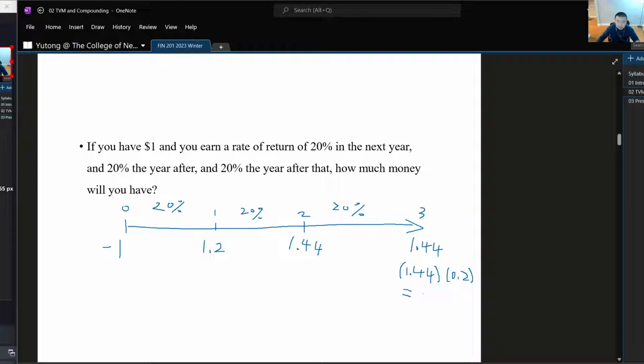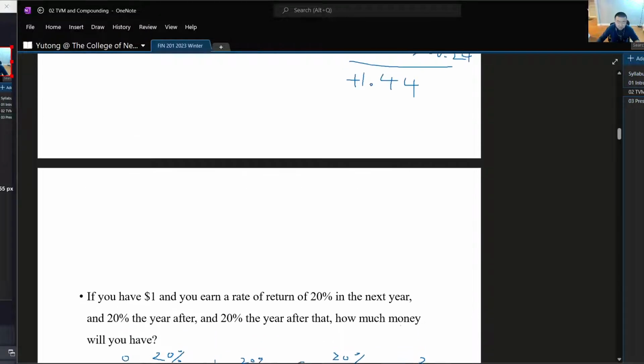This is 0.288. So in total it's 1.728. Okay, so this is the ending value. So, do we have any patterns here?